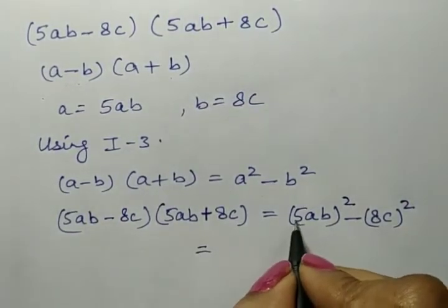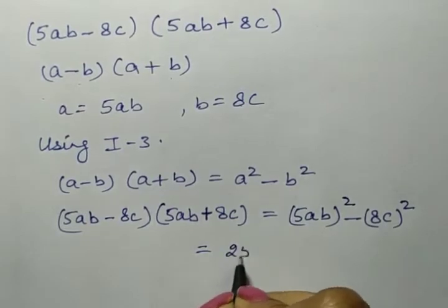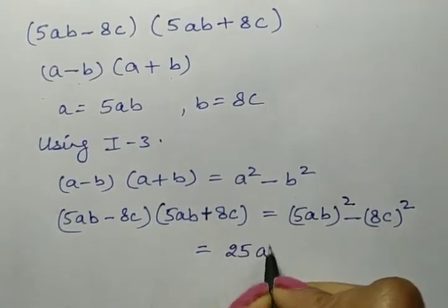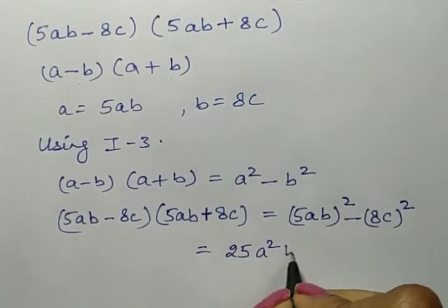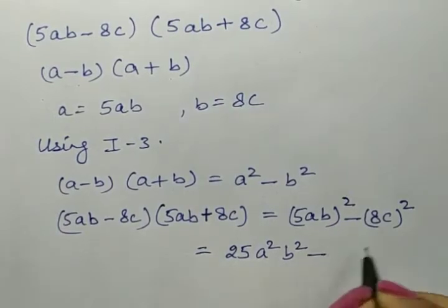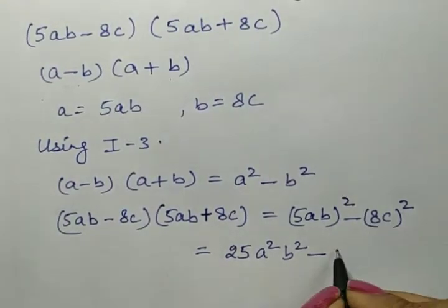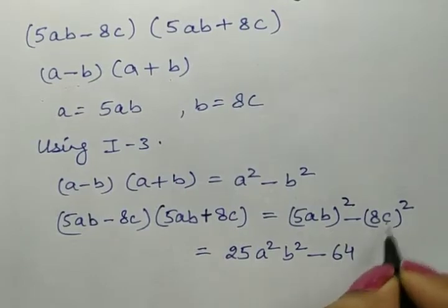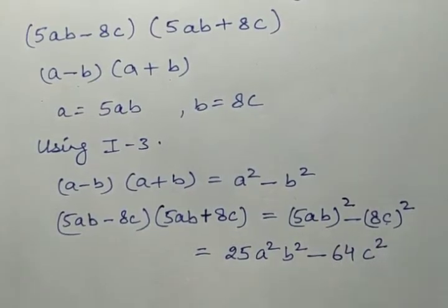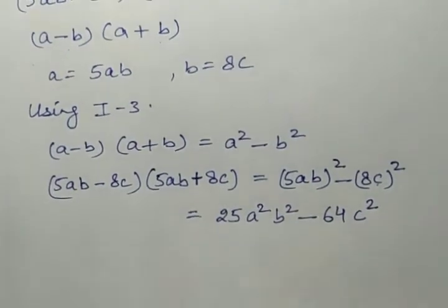What will we get? Square of 5, that is 25, square of a, that is a square, square of b, that is b square, minus square of 8, that is 64, square of c, that is c square. And this is the answer.